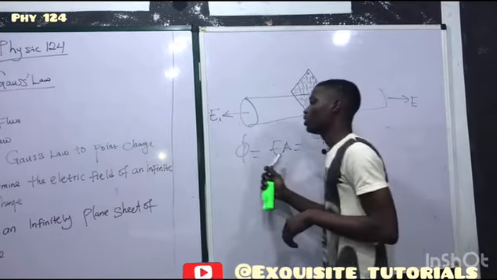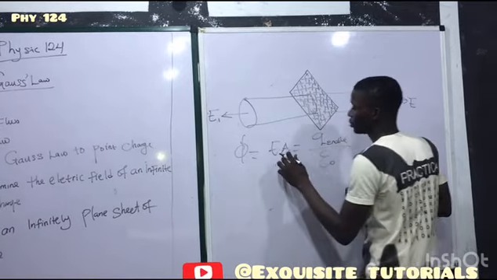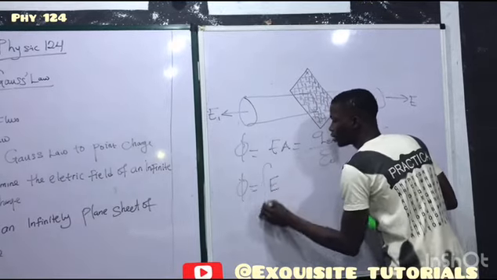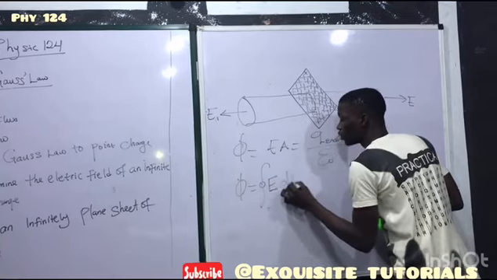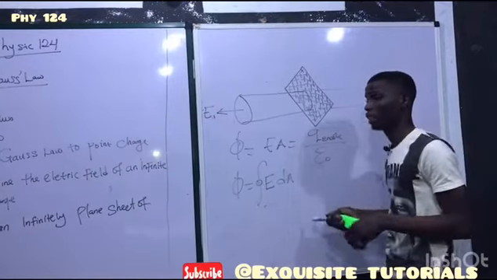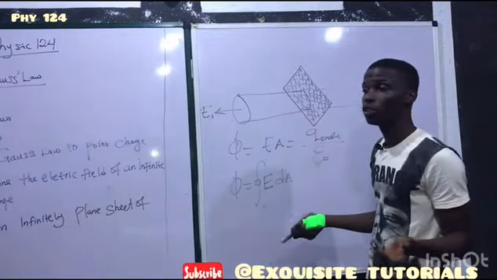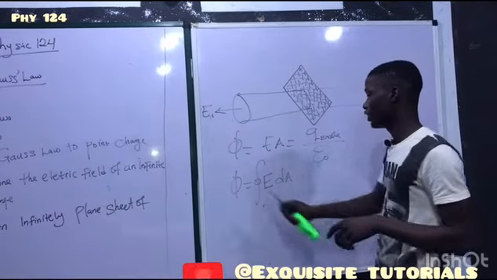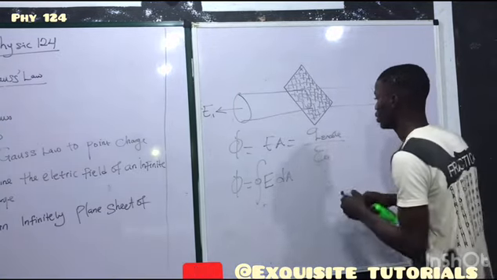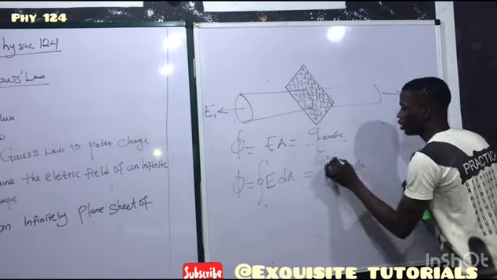So before doing this aspect, I can also write this formula this way, because if we integrate, from our normal mathematics now, we know that if we integrate a differential of any formula, it will give us back that normal formula. So if I differentiate the area, it will give me our normal area that we had before. So it's the same thing, I didn't do anything special there. Is equal to Q enclosed.